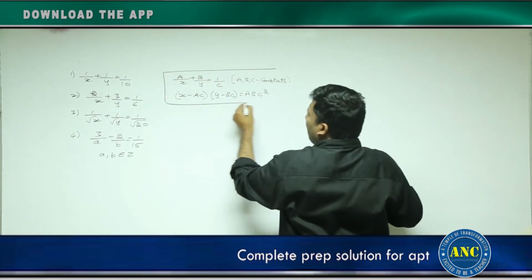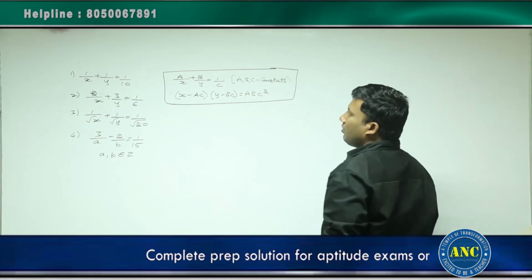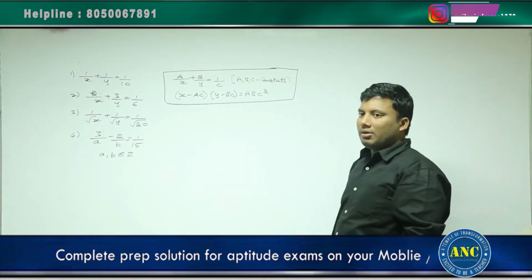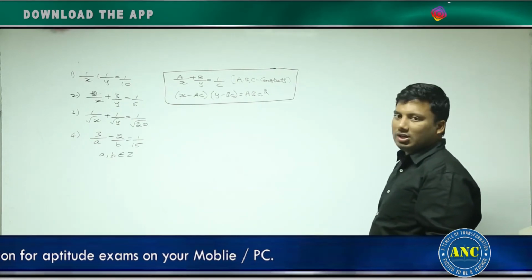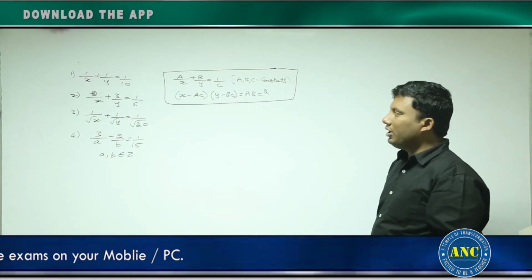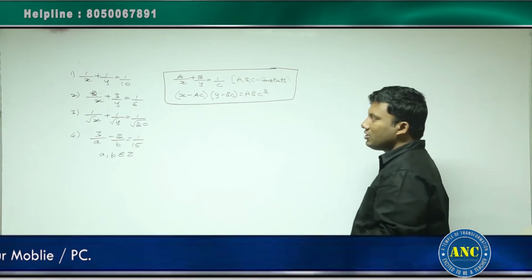If the equation is of the form a by x plus b by y equivalent to 1 by c, it can be written as x minus ac into y minus bc equivalent to a into b into c square.